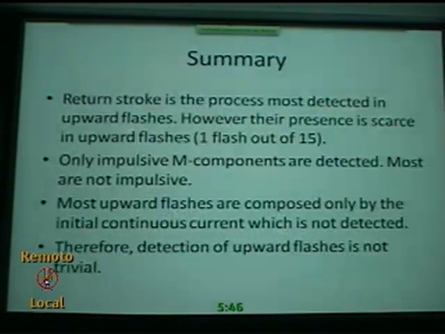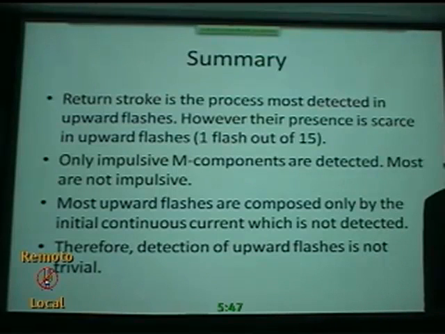So in summary, the systems mostly detect return strokes in upward flashes. However, their presence is scarce in upward flashes. We had only one flash out of 15 that contained what we call pure return strokes. That's the summary of my presentation.